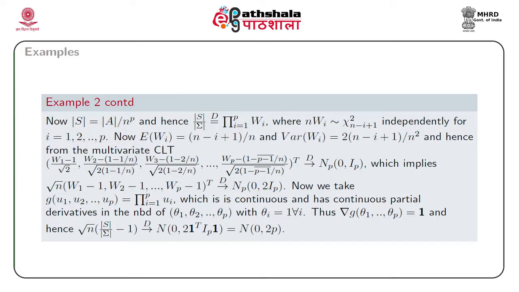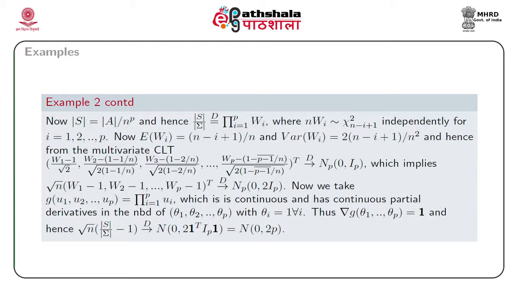Hence we get from the multivariate CLT that the vector with elements (W1 minus 1) divided by square root of 2 by root n, and so on up to (Wp minus (p minus 1)/n) divided by the corresponding standard deviation, has a p-variate normal distribution with mean vector 0 and dispersion matrix Ip.